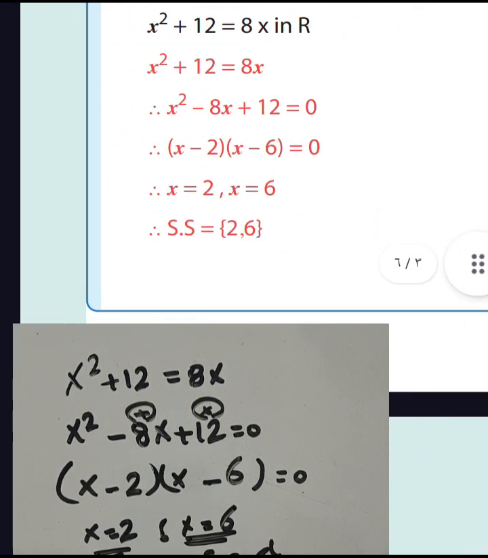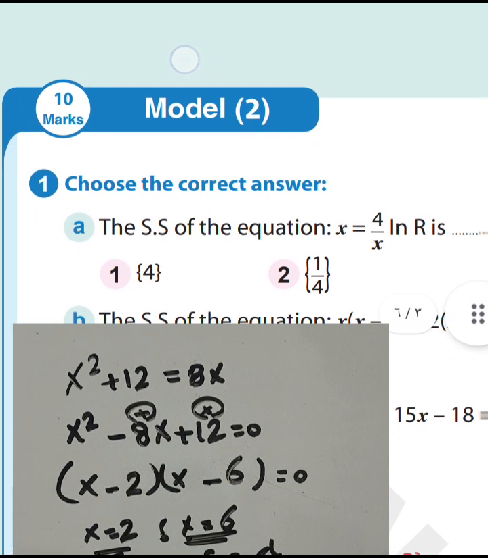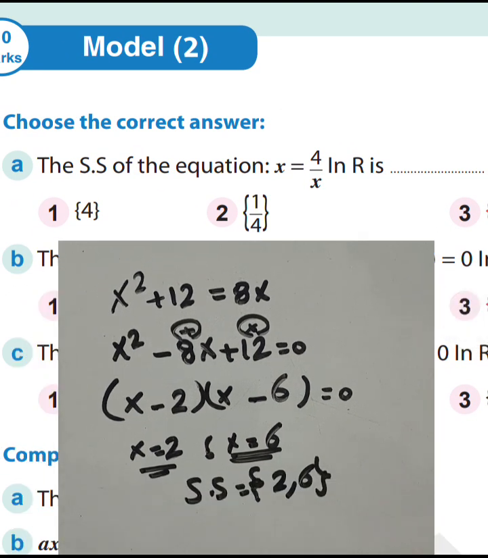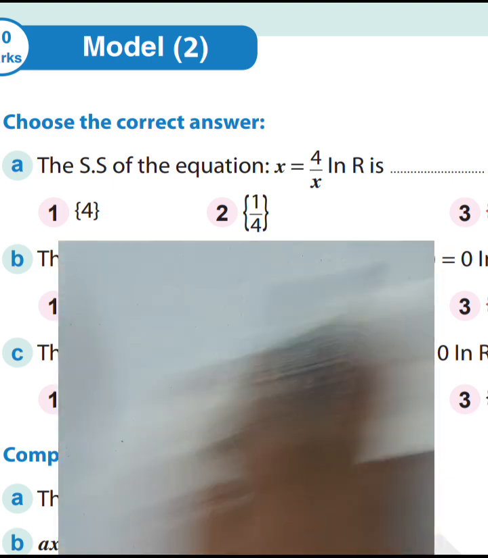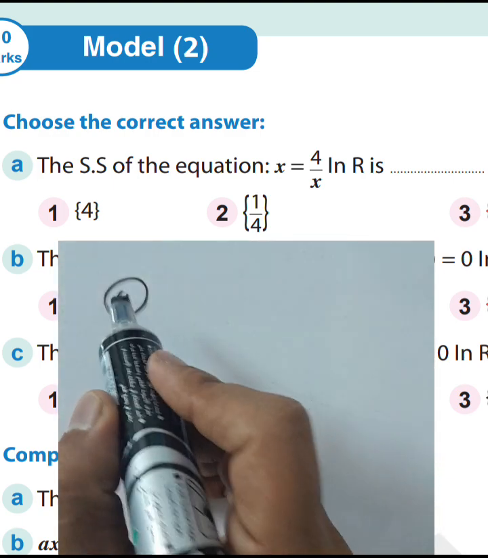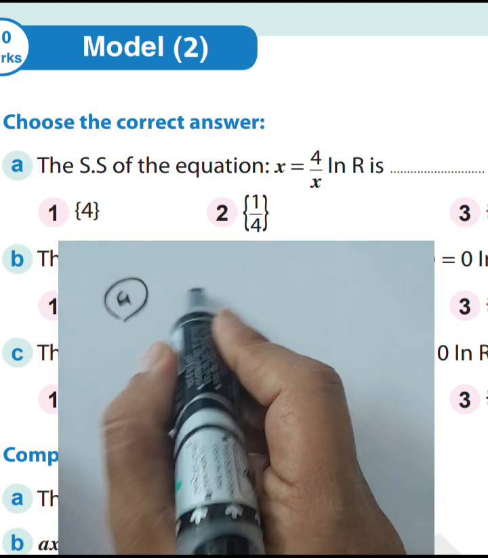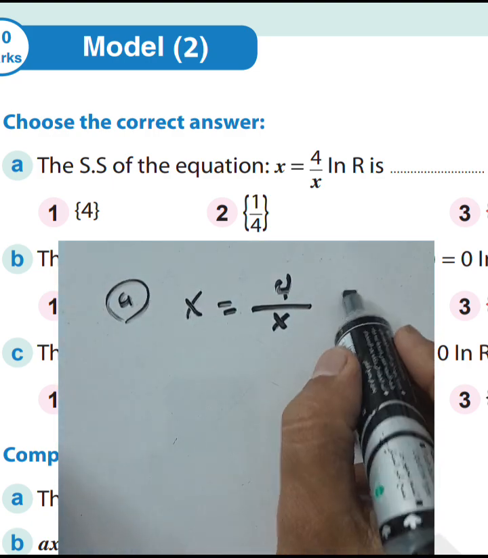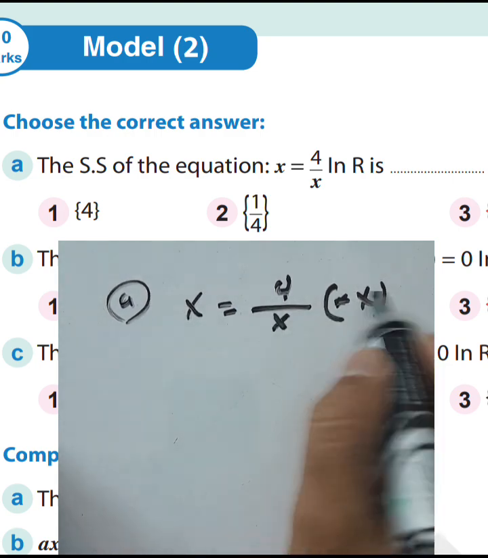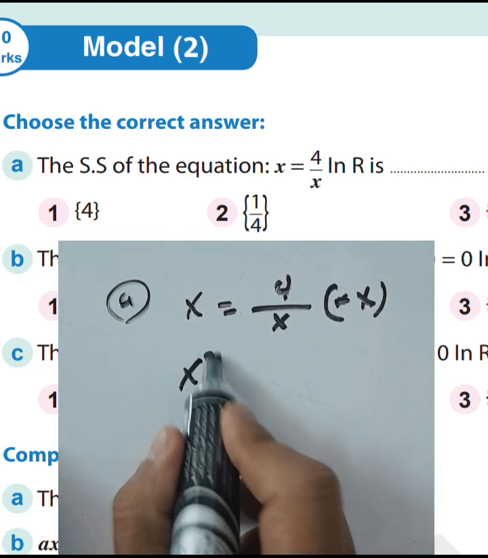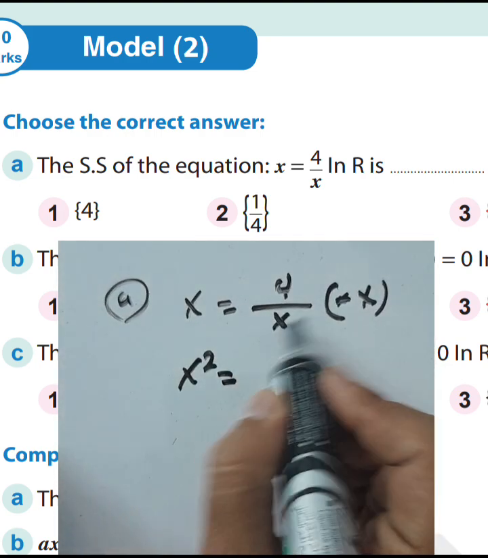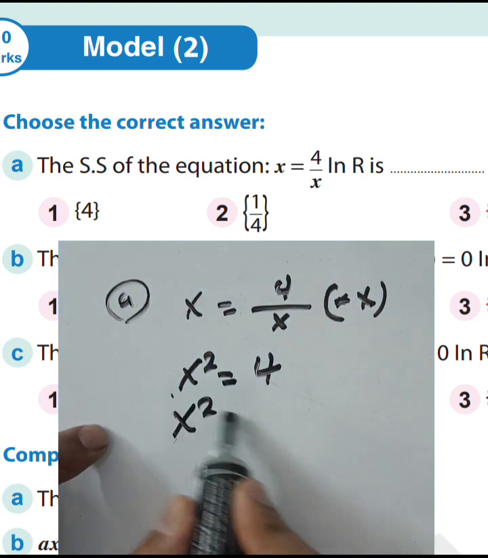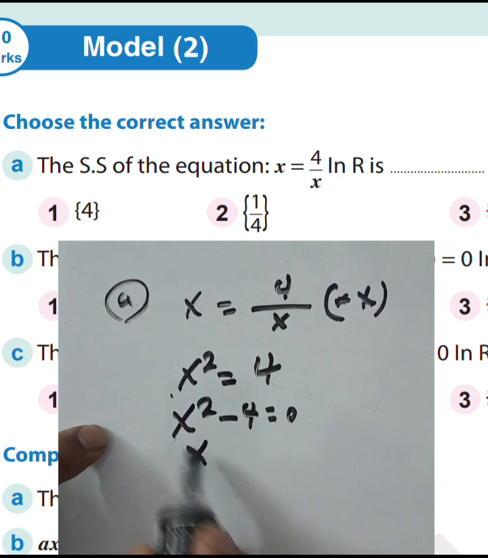Next example, next model here, letter A, model number 2. Letter A is the solution set of the equation x equals 4 over x in R. Product by x on the left hand side and right hand side, x product by x is x power 2, and 4 over x product by x will be 4. Then you can move the 4 to the left hand side, x power 2 subtract by 4 equals 0.